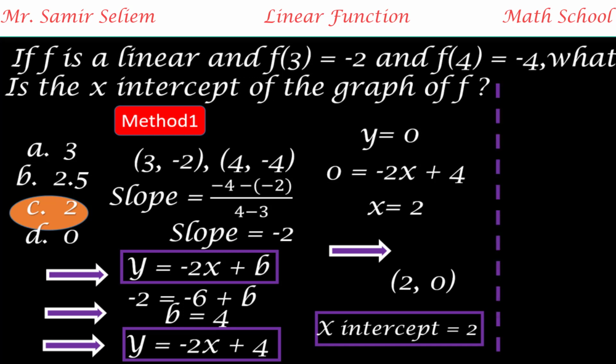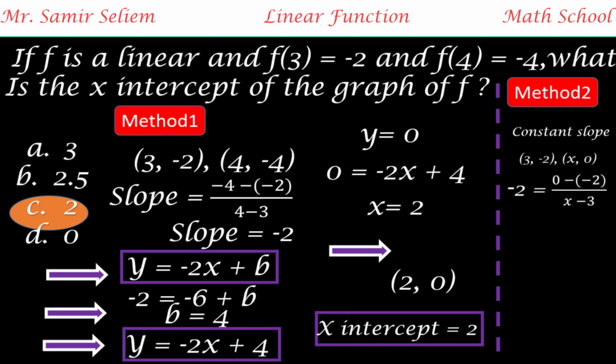What about the second method? We can find it. We can use the constant slope and 2 points. Just we have here negative 2 equals 0 minus negative 2 over x minus 3. Let the x-intercept be x, 0. So negative 2, as we studied before, is the slope.